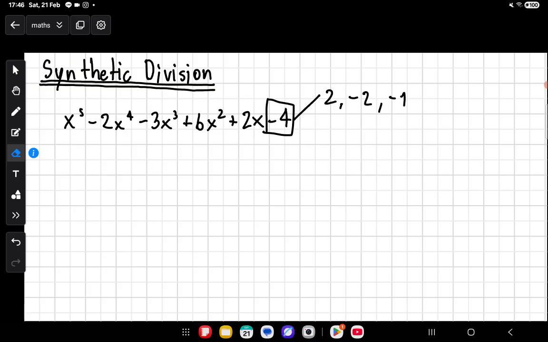So hold on while I lazily hop on Desmos. So our thing is x to the power 5 minus 2x to the power 4.